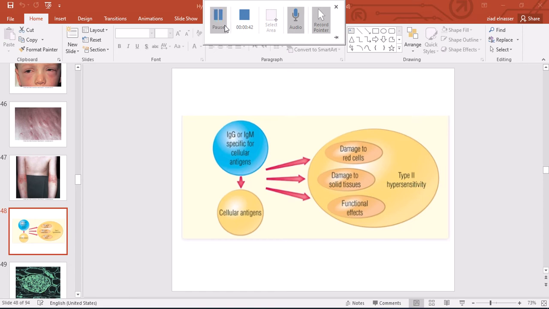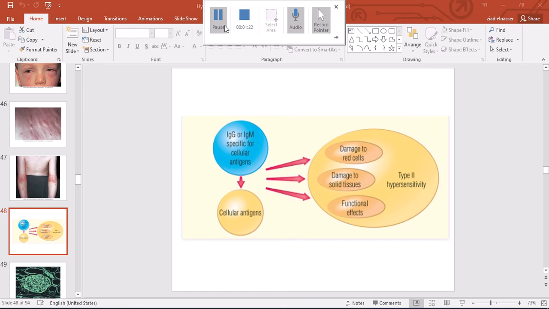Here the cells that are involved are the mast cells, and you have to know what immune mediators are produced from the mast cells. The mast cells have an IgE Fc receptor that binds to the IgE Fc part, and when the allergen binds to the Fab region of the IgE, cross-linking takes place and then degranulation will happen.